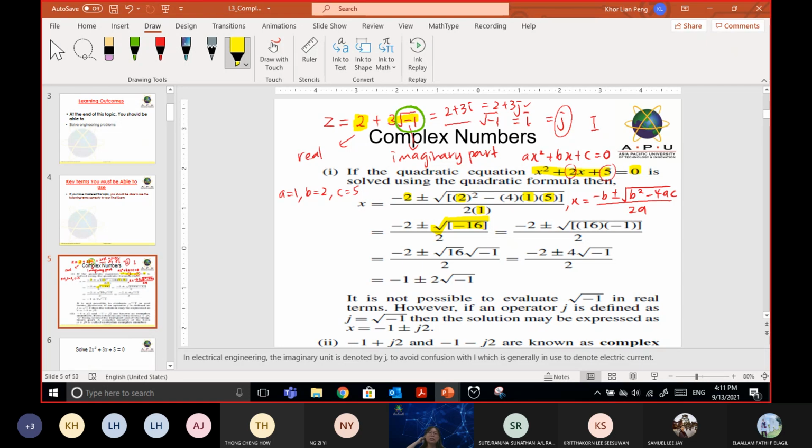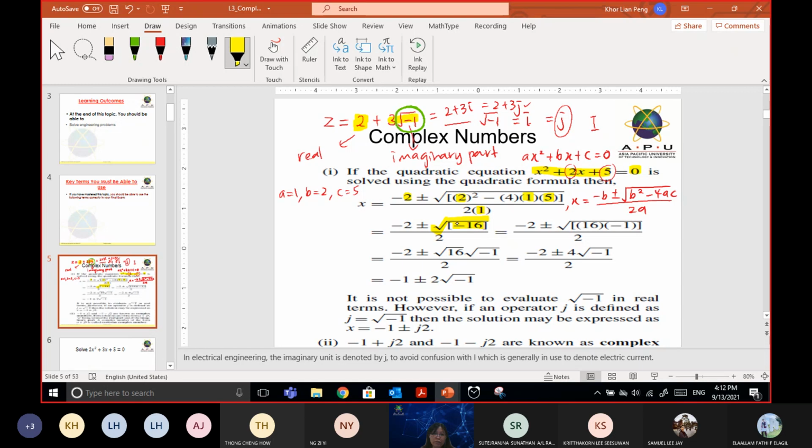So a complex number is not a real number. You may wonder what it means by not a real number. Now, let's proceed.